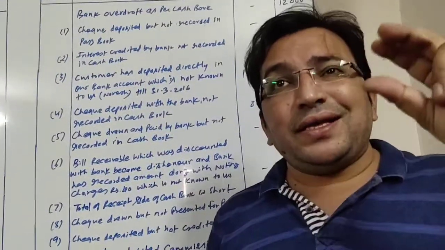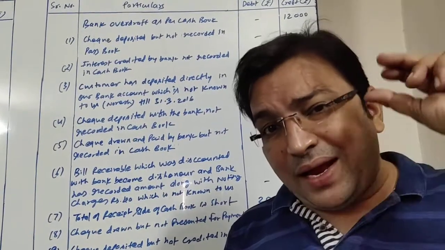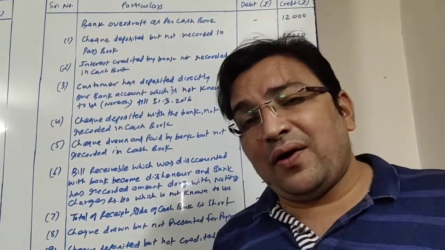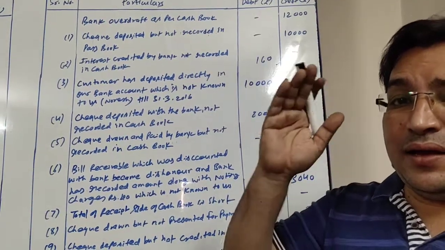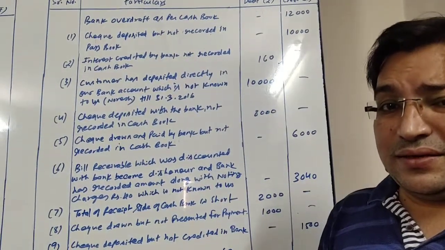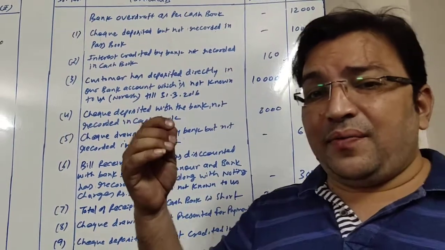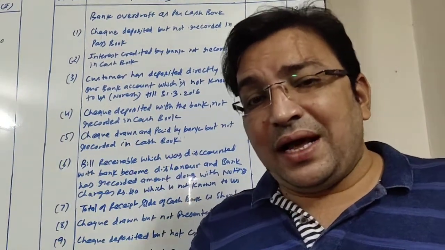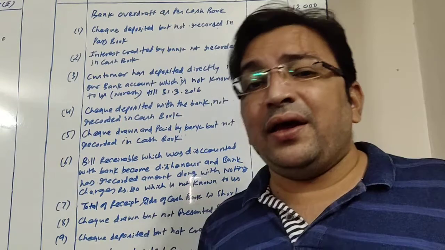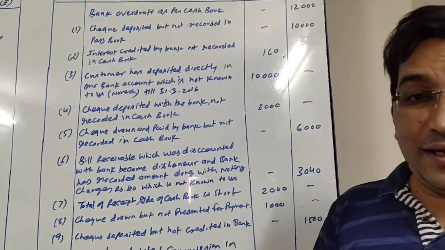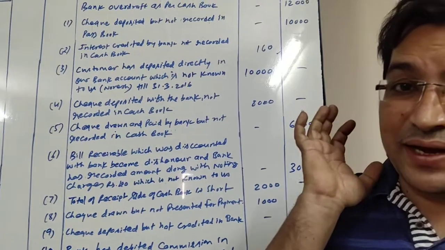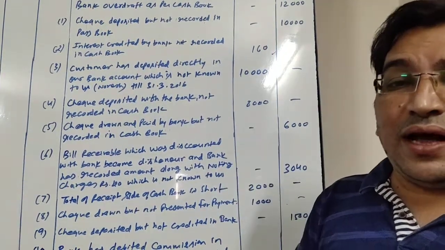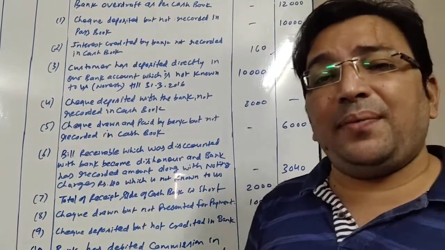Next one, the seventh one says the total of the receipt side of the cash book is cash short by rupees 2,000. Friend, this is a mistake while making the total of the bank column of the cash book. It is written cash short, that means it is undercasted. When the total was made, by mistake it was made less than the actual total. Now, the receipt side, we know receipt side of the cash book means debit side. The debit side total is short, so we will have to debit this much.